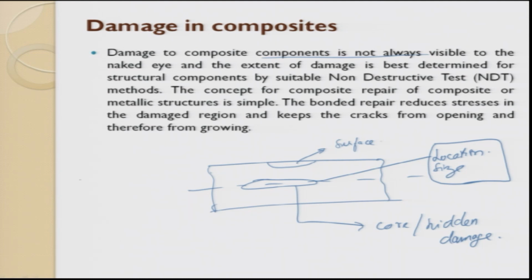For example, if you have a composite and there is a crack which is growing, you try to make a hole so that the crack comes and hits the hole and distributes the energy such that the crack does not propagate further. This is how the crack opening happens and the crack is bifurcated.